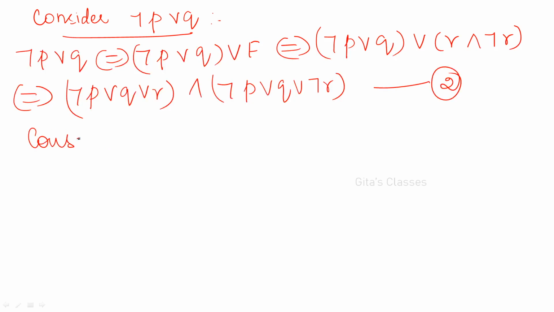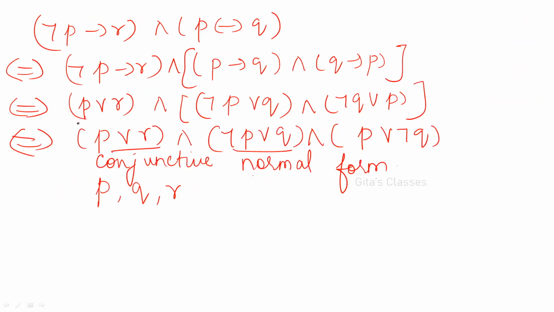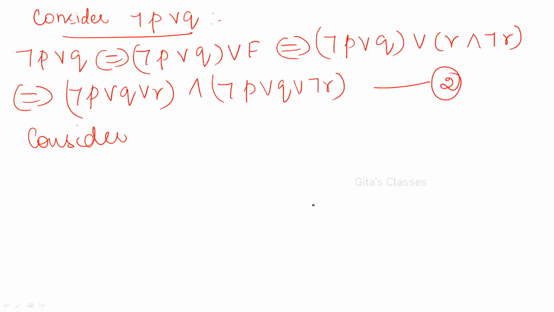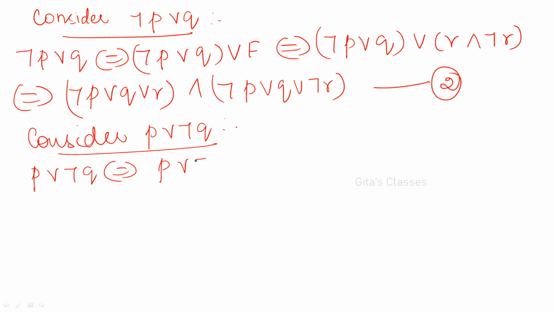Now consider the third term. What is the third term? First is over, second over. Now P∨R∨not Q. Third term is P∨R∨not Q. So P∨R∨not Q is equivalent to P∨R∨not Q. Whichever is missing, for that I am going to introduce F. So for the missing variable, I introduce the missing variable and its negation.